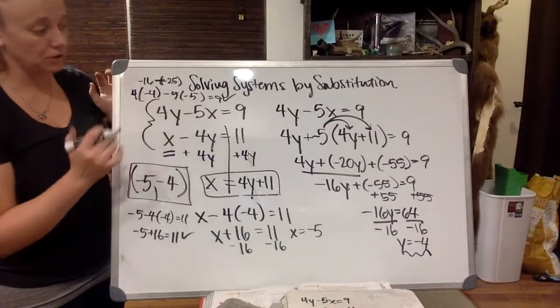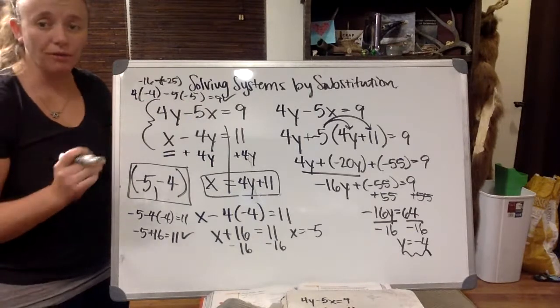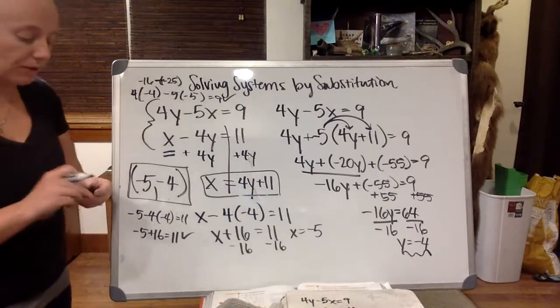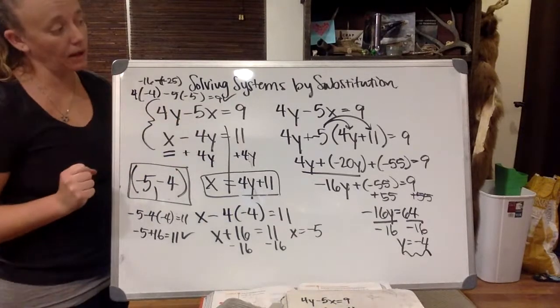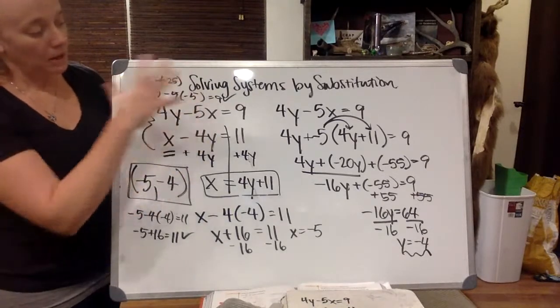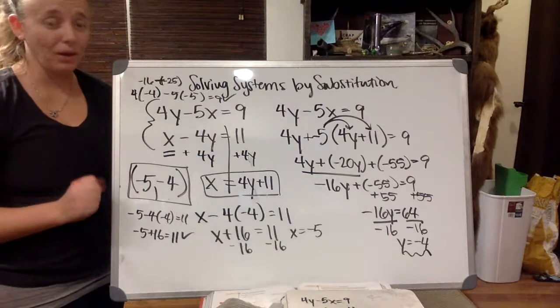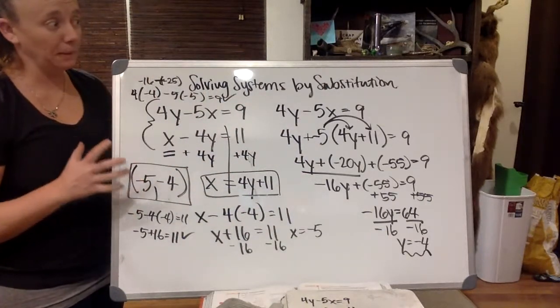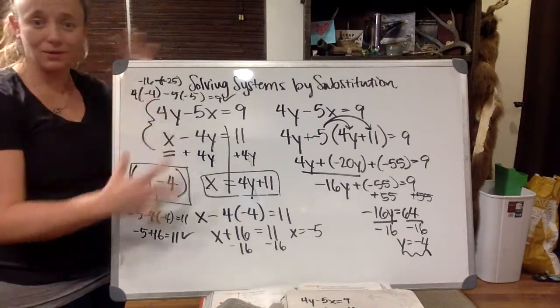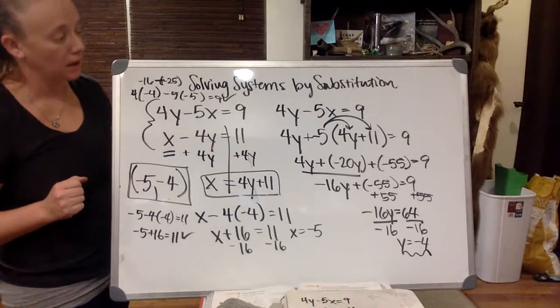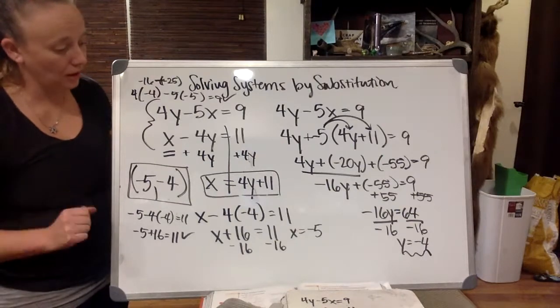I had to use the distributive property. I couldn't solve for a single variable in both of the equations. I had to deal with everything that was going on. But this is a great example of what proficiency in solving by substitution truly is. You need to have this level of nuance for solving systems with substitution.